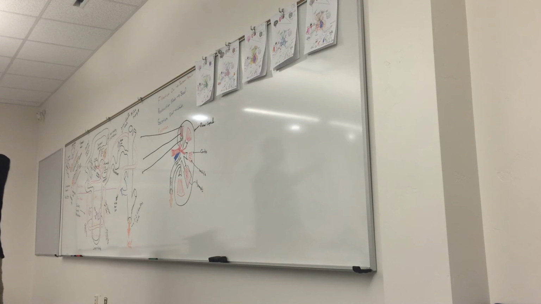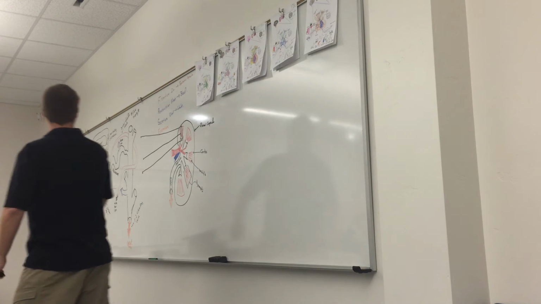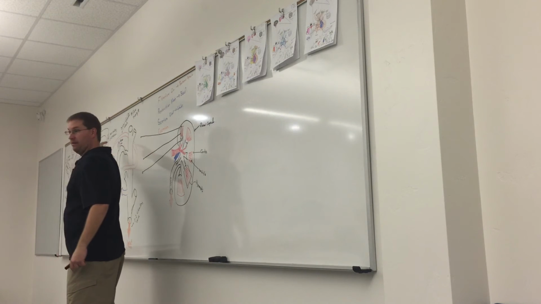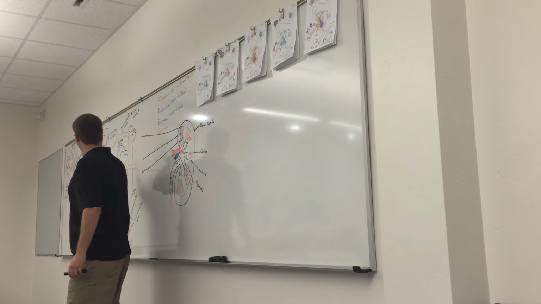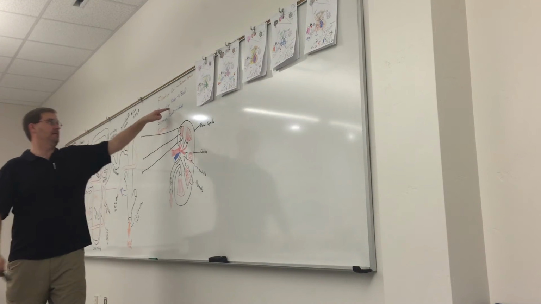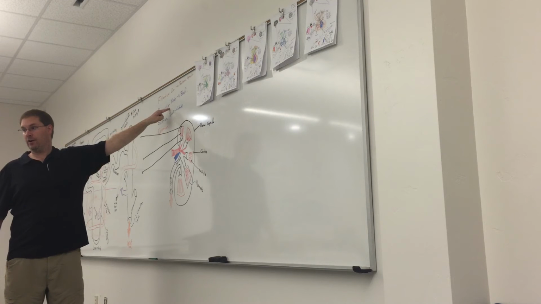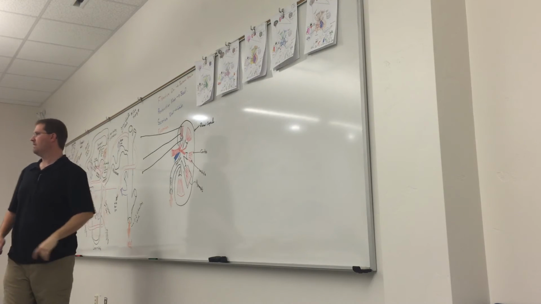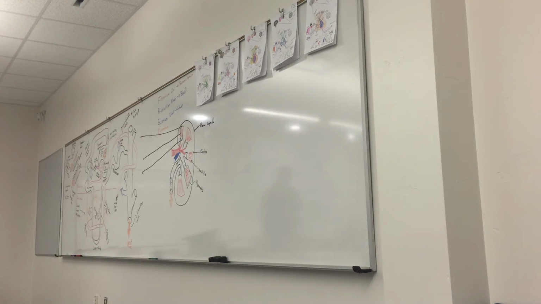Aldosterone causes us to hold on to sodium, which causes us to hold on to water. And when I mean hold on to, I mean it needs to go back into the blood. So aldosterone causes more reabsorption of sodium and water within the distal convoluted collecting tubule.